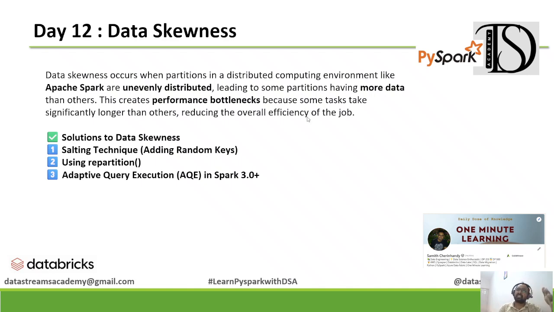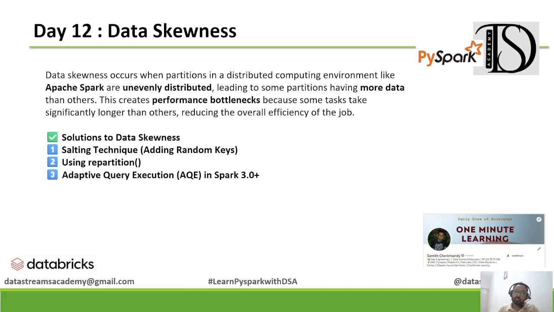Since the data is not equally distributed, your resources will not be efficiently used, and some of the resources will be overutilized, or it might take more time, right? So how will we address data skewness? I'll just summarize: it is because you have a large amount of data in one partition.